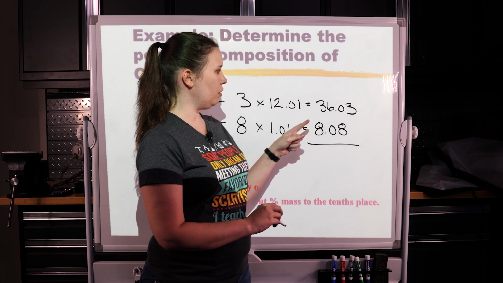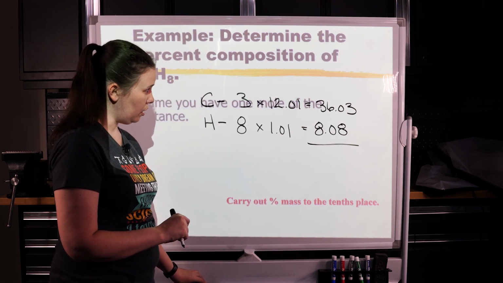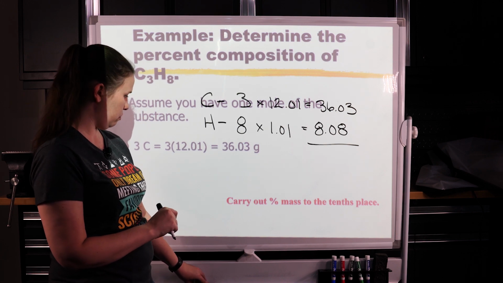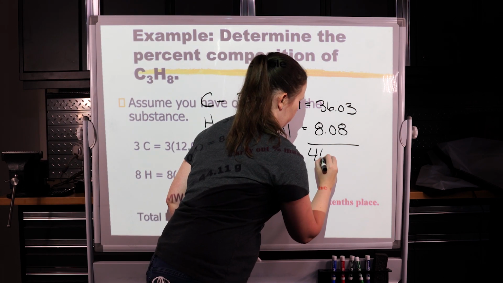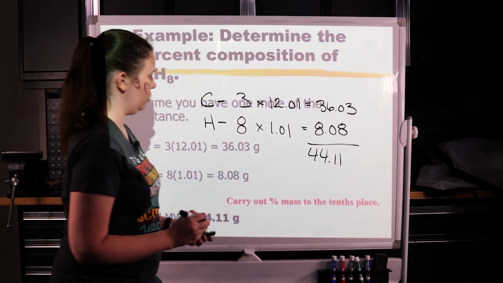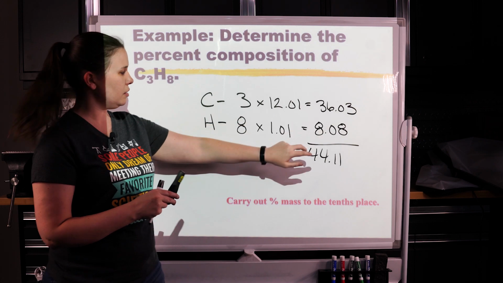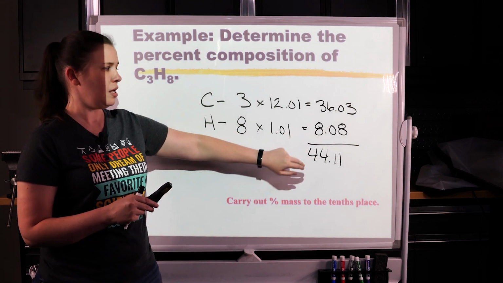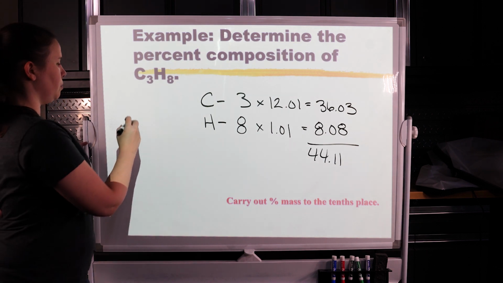If we add up 36.03 and 8.08, we get 44.11. So I've got my subtotal of carbon, 36, my subtotal for hydrogen, the 8, and then the total molar mass, 44.1.